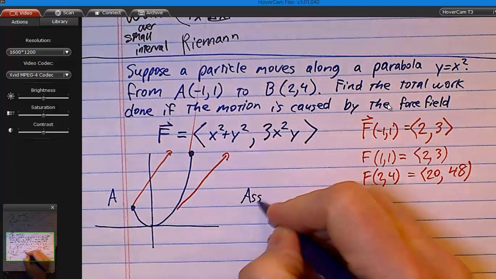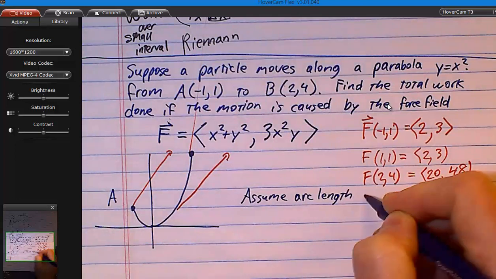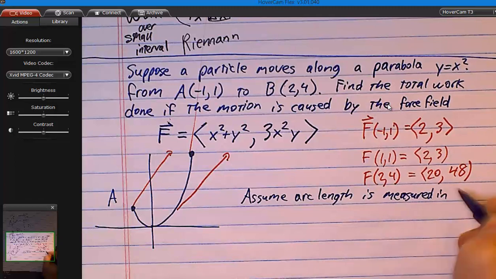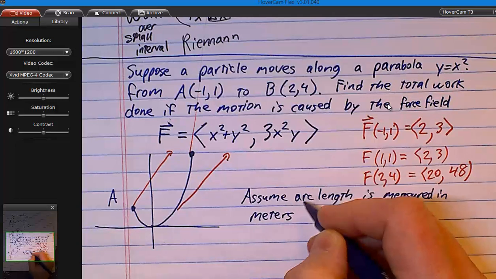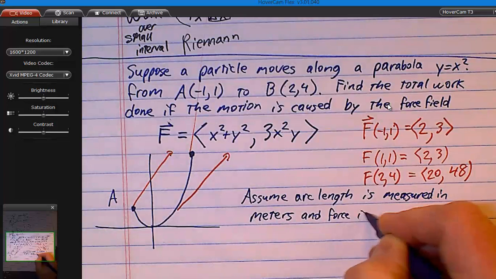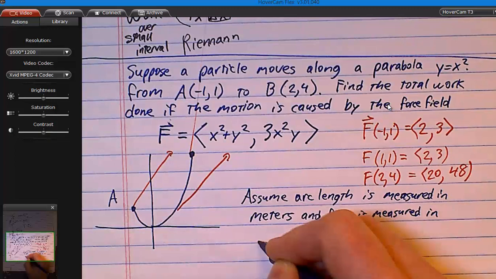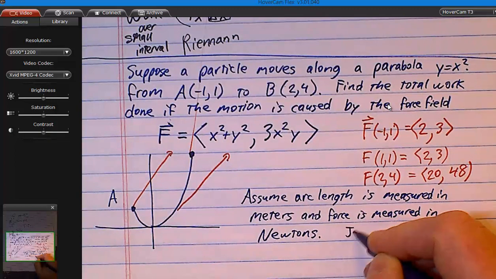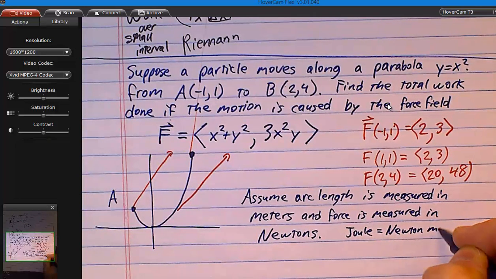Let's assume that the arc length is measured in meters. Why? Because it's a roller coaster? No, that's not why. And force is measured, do you know what I'm going to say? Newtons. Why am I saying this? Ah, yes, because the joule is equal to a Newton meter, right?